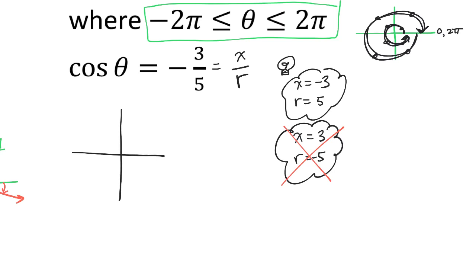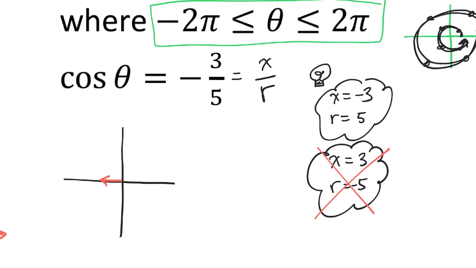Well, if x is negative 3, that means I'm traveling left from the origin by 3 units. And if the radius is 5, then that means I'm traveling to the point directly from the origin at a distance of 5. So this is the part where I get 2 answers, because it could be that the radius goes up here to be a length of 5, right? And then my point is at the end of this.